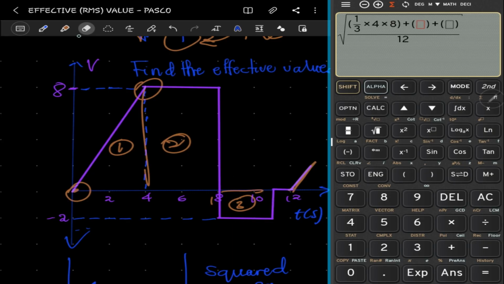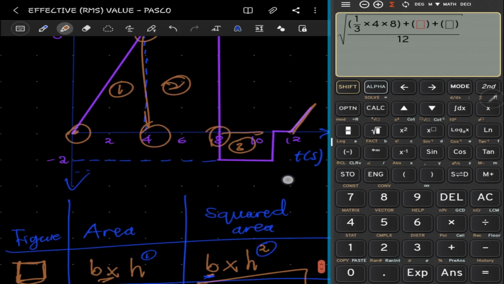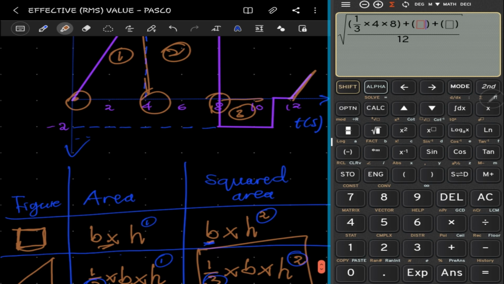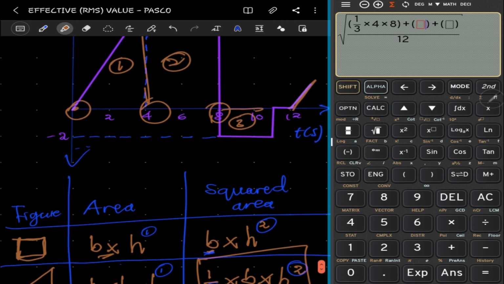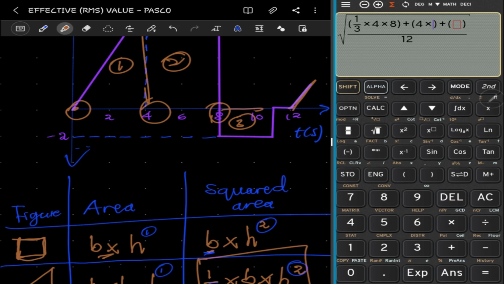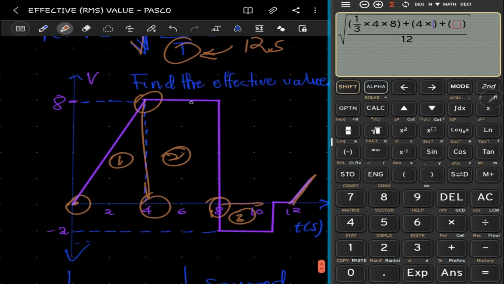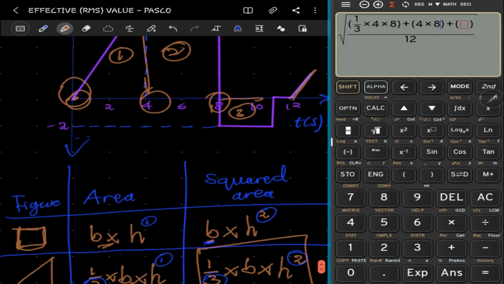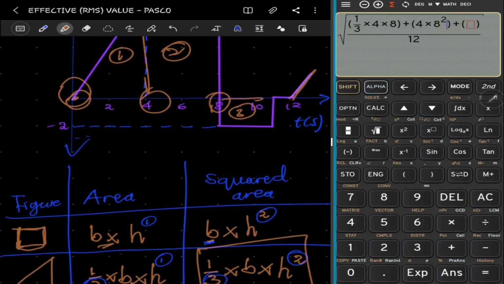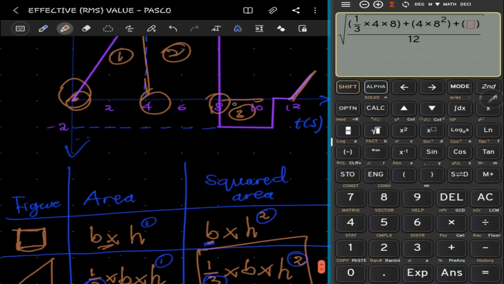The base here is 8 minus 4, which is 4, and the height is 8 minus 0, which is 8. And for the formula, we are squaring it.